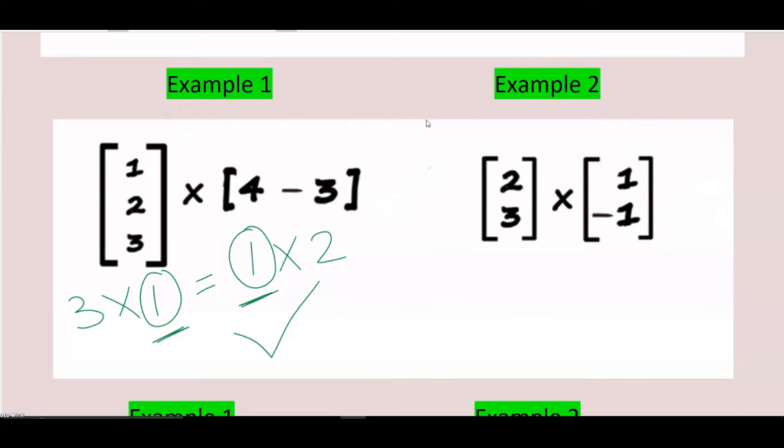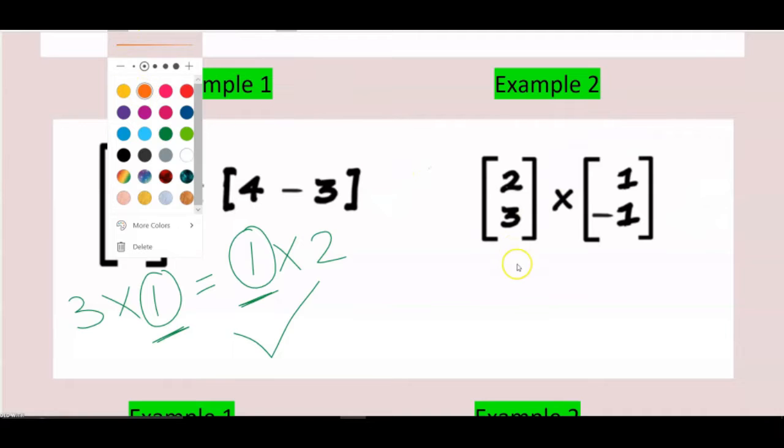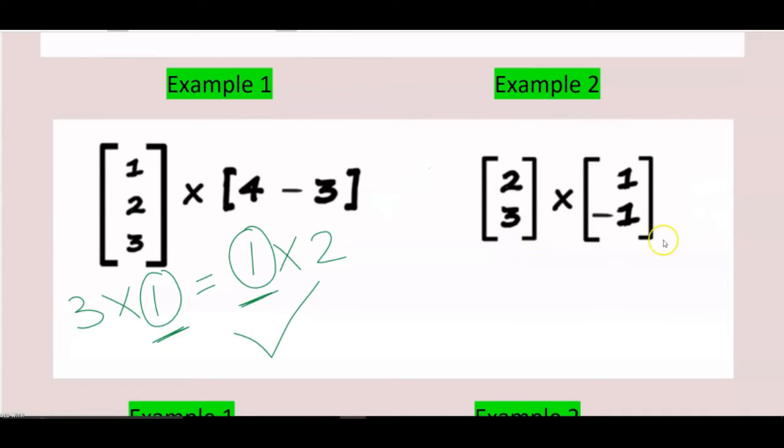All right, students, let's move to the second example. Here we have two matrices. Just find the order first. The order of the first matrix is 2 by 1 and the order of the second matrix is again 2 by 1.